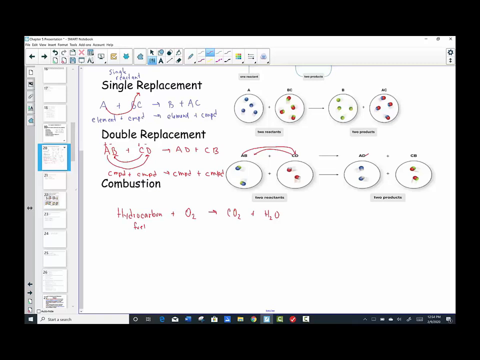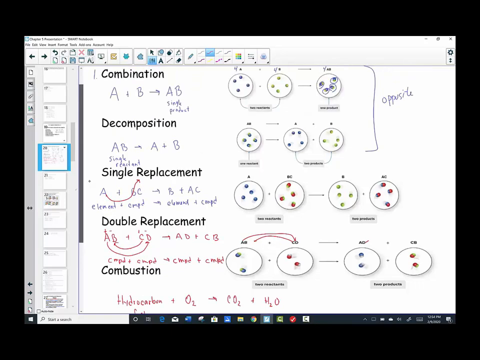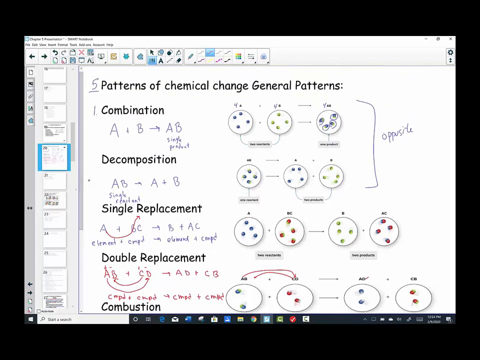The 5 general patterns of chemical change: combinations produce a single product. A decomposition breaks it back down. We have a single replacement where an element reacts with a compound, and a double replacement where 2 compounds exchange partners. And the combustion, where we have a hydrocarbon fuel burning in oxygen to release carbon dioxide and water.